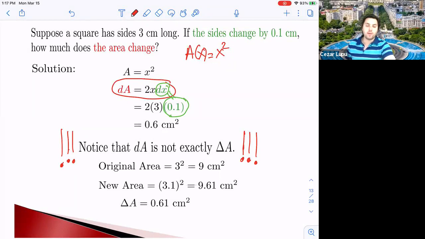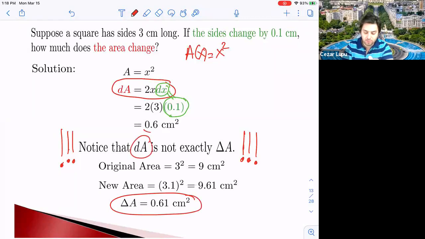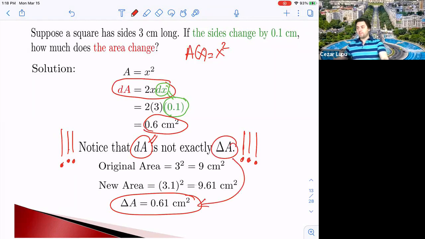And if we change the side by 0.1 centimeters, the new area will be 3.1 squared, which is 9.61 centimeters squared. So as you can see the difference, delta A, will be 0.61. So I'd like you to see the difference between these two.